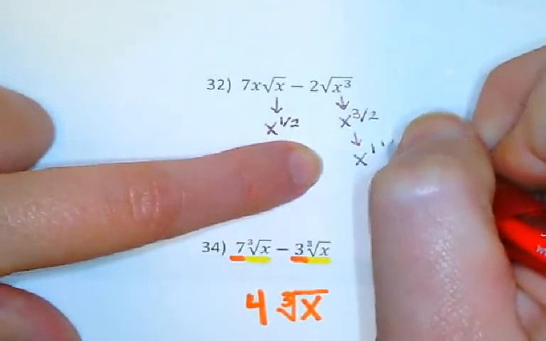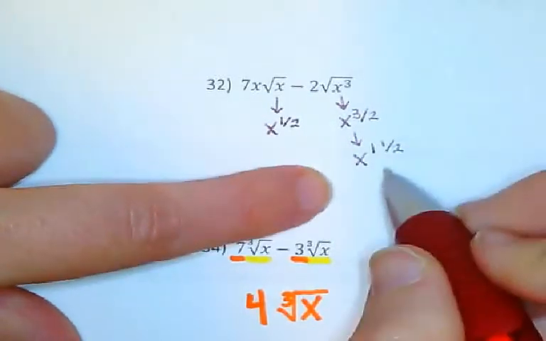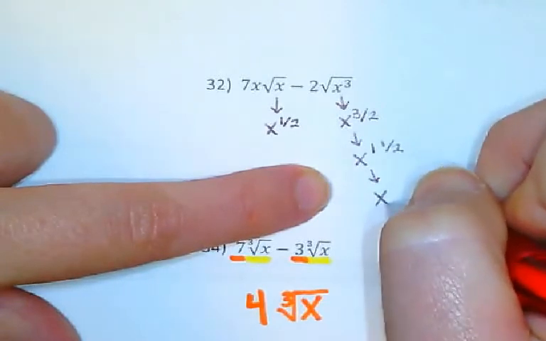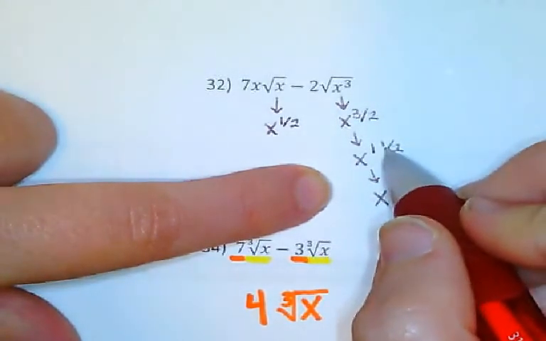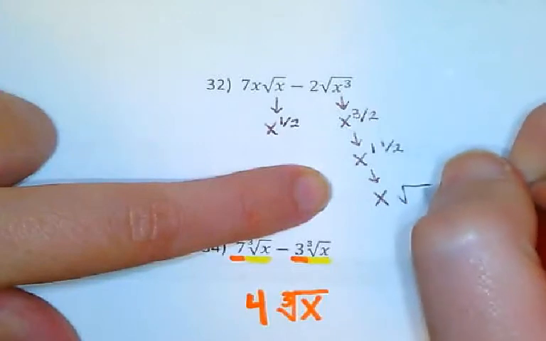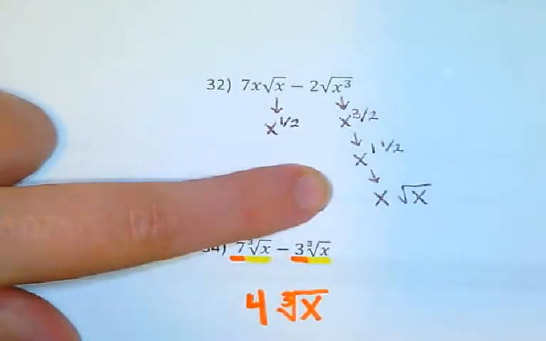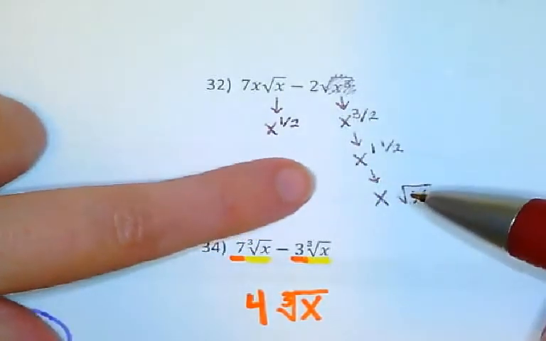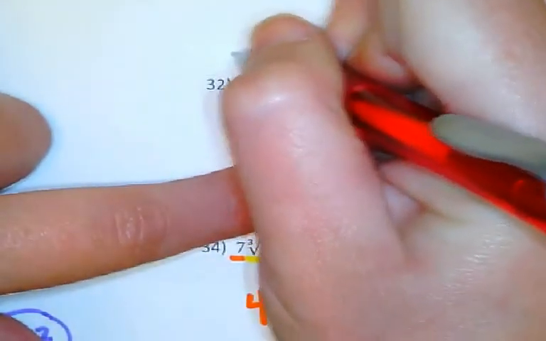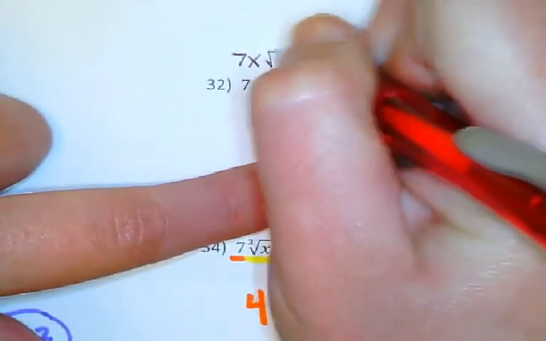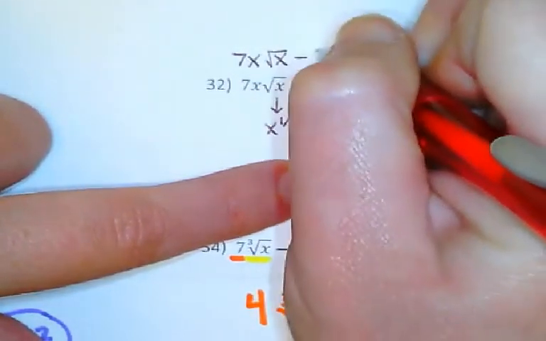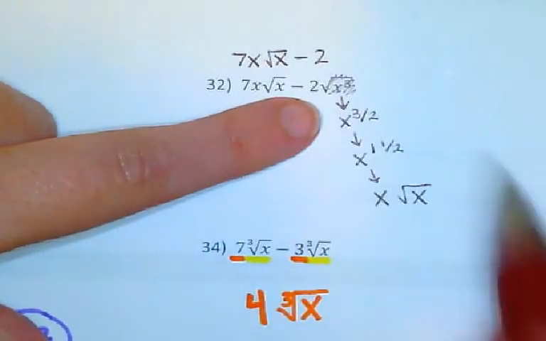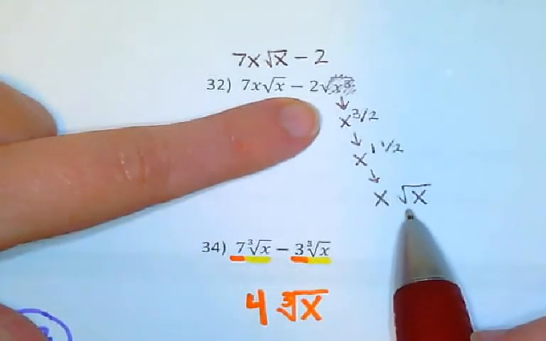So 1 1/2, and we can rewrite that as x to the first, which is just x, and then I have 1x left over, like this. So instead of this guy right here, I can rewrite it as this is really 7x square root x minus 2, and instead of that square root of x cubed, I can write x square root x.